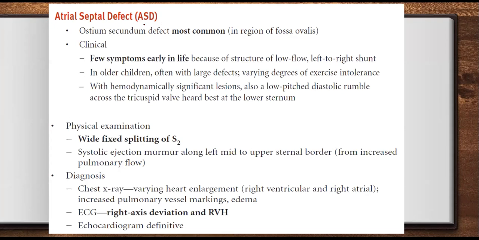Now, atrial septal defect is mainly present in children, can be there in older children also. Patients usually have a systolic ejection murmur along the left upper sternal border from increased pulmonary flow.